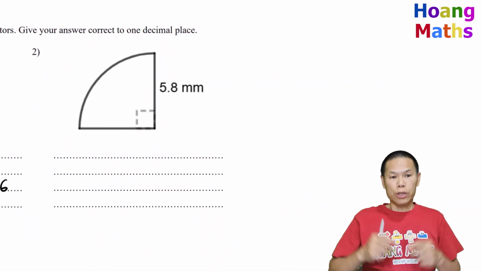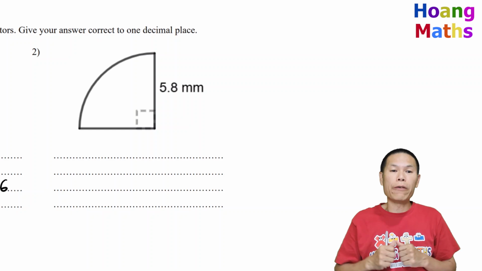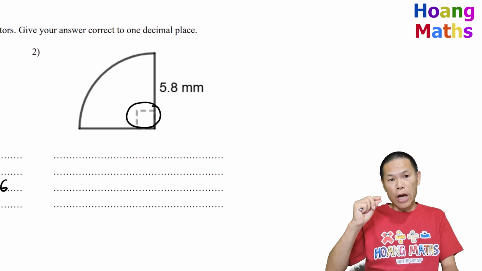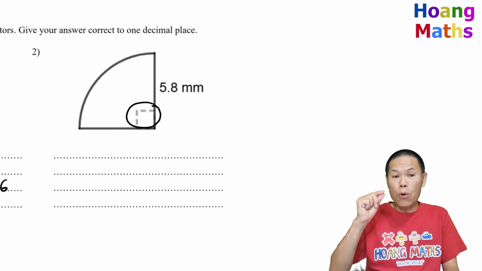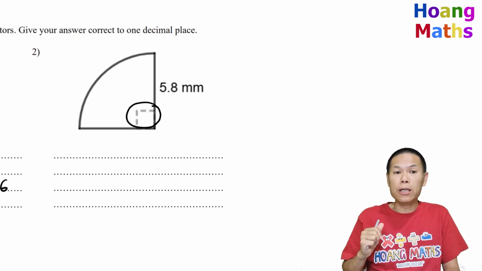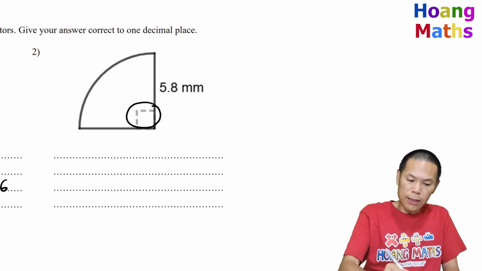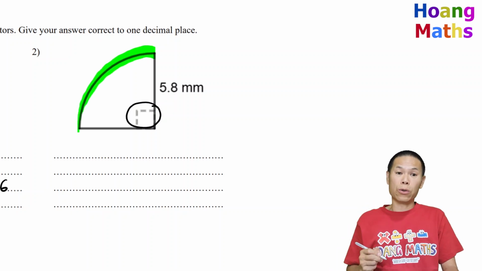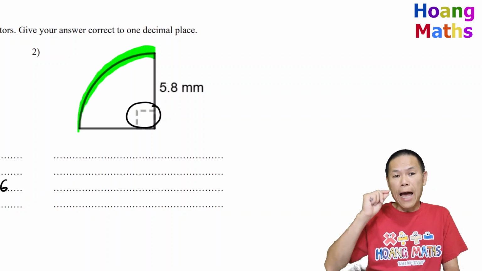Question number 2. So we know that it is a quarter of a circle, right? Because this symbol here means 90 degrees, which is one fraction of the circle. That will give us this length here. So that is a quarter of a circle. So we find this arc length first.